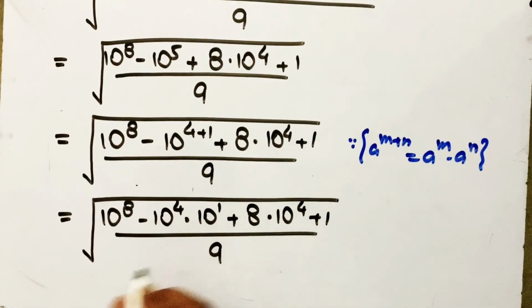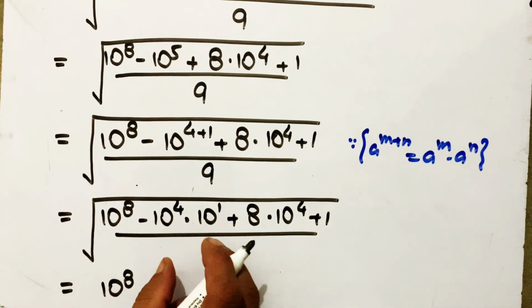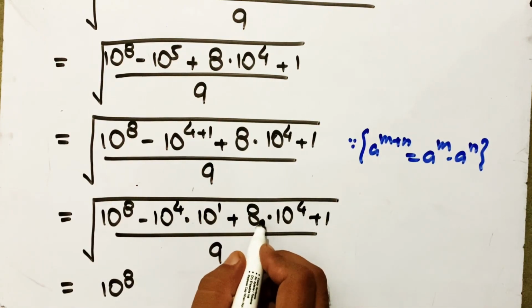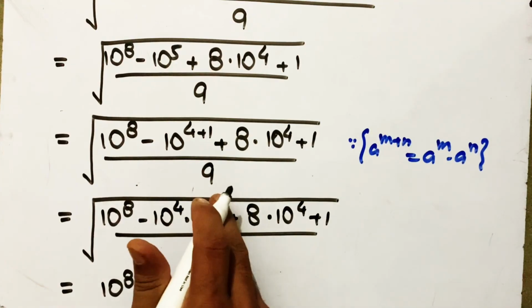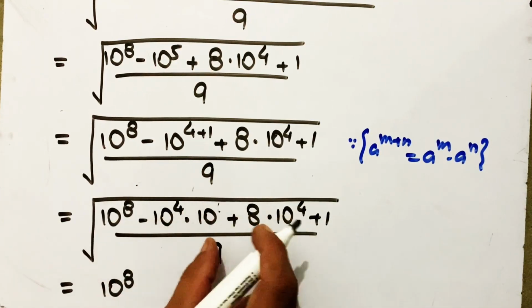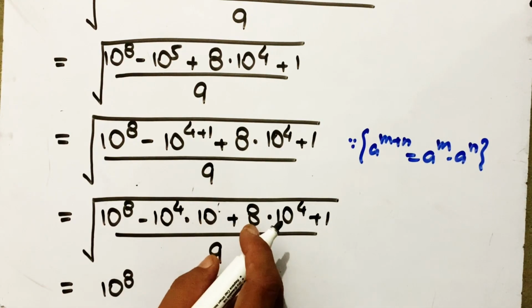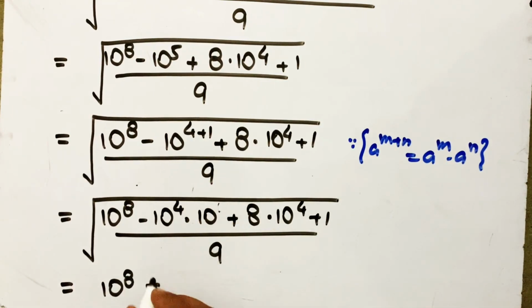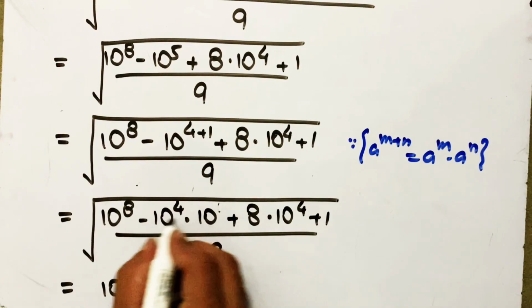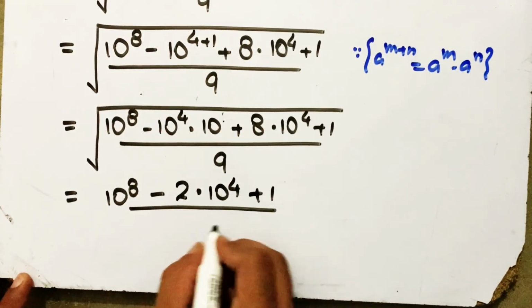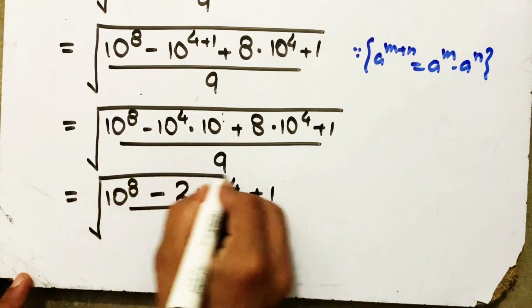Taking 10 to the power of 8 and 10 to the power of 4 times 10, minus 8 and 10 becomes minus 2, because the bigger number is negative: minus 2 into 10 to the power of 4 plus 1, divided by 9, square root.